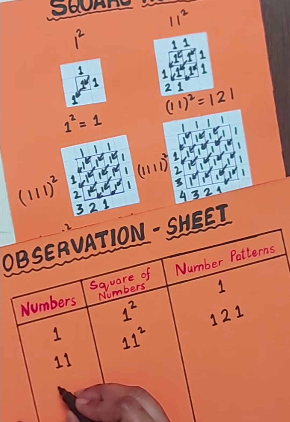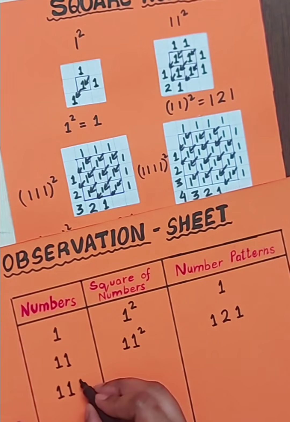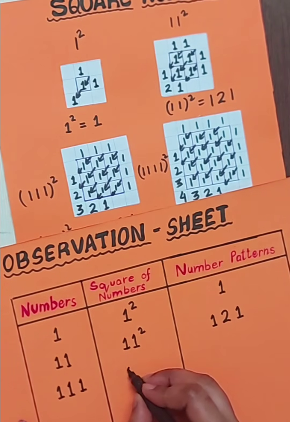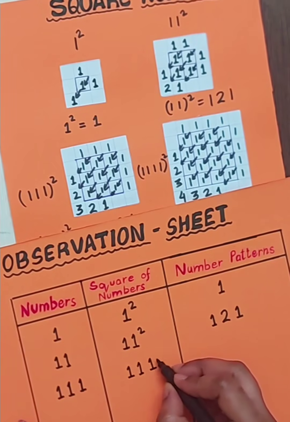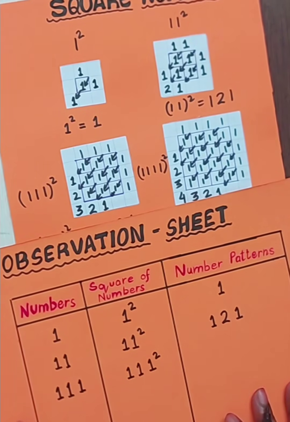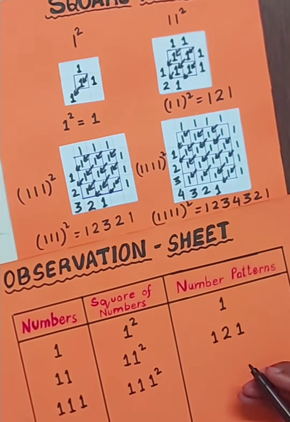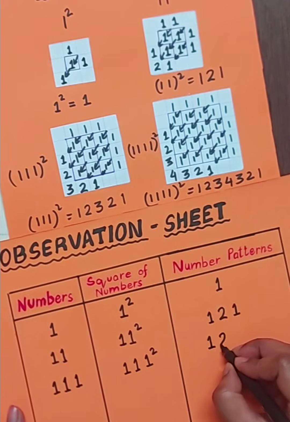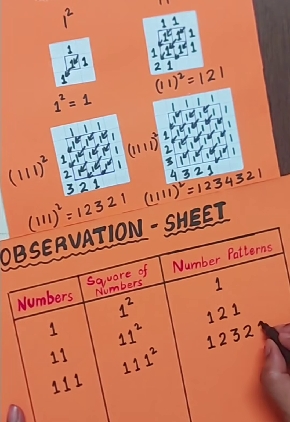The third number is 111. The square is 111 square. After finding the square, the number we are getting is 1, 2, 3, 2, 1.